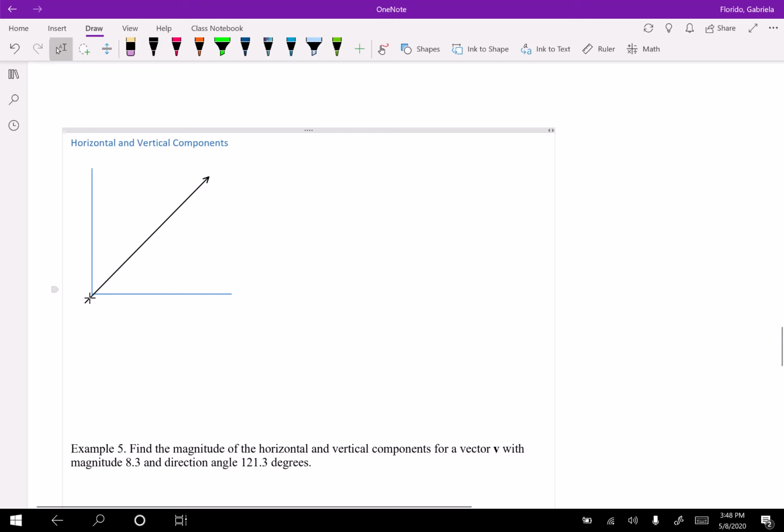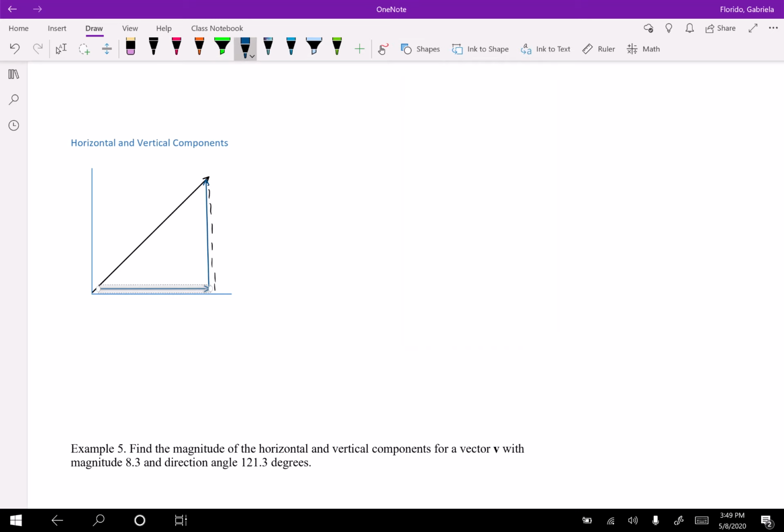So what do I mean by the horizontal and vertical component? Well, if we drop a perpendicular line here, this is going to be my vertical component, and this bottom one here is going to be my horizontal component.